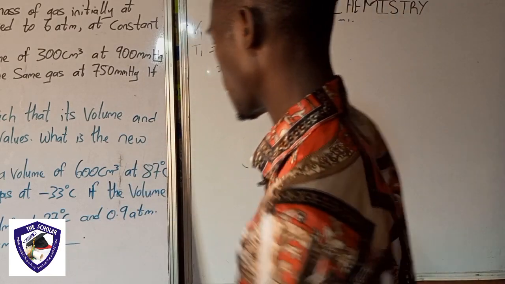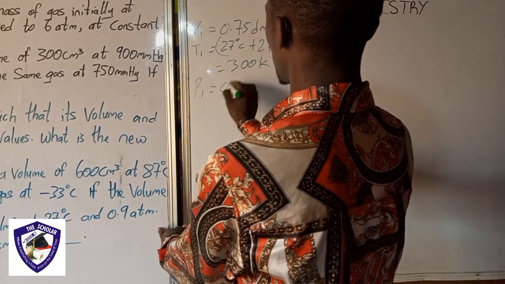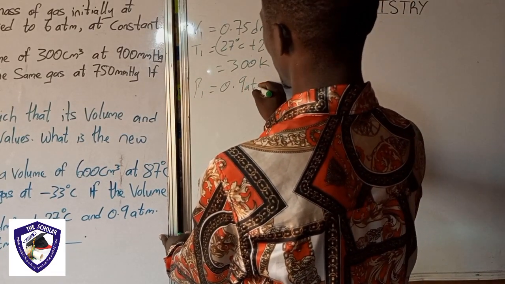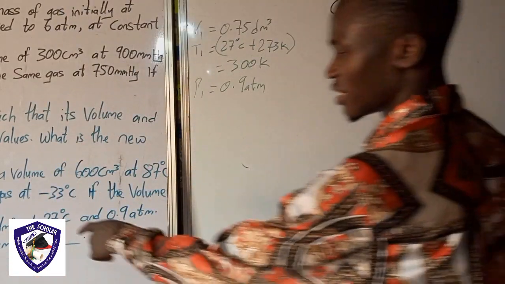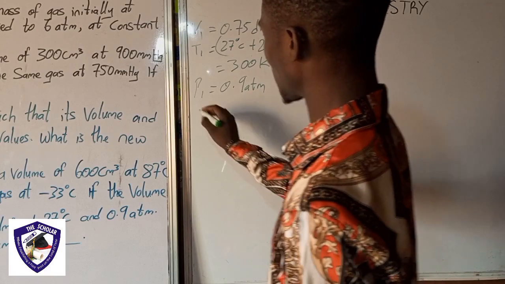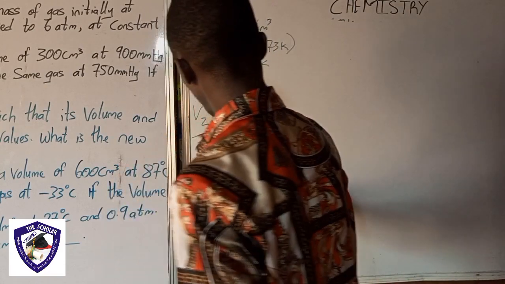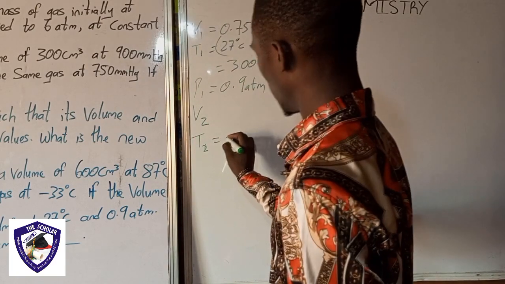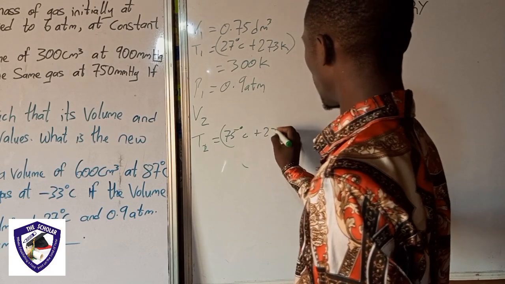Now, and 0.9 atm, that is our pressure, 0.9 atm. The volume of gas at 75 degrees Celsius. Now the question is asking us, what is the volume of that gas at 75 degrees Celsius? 75 degrees Celsius plus 273.